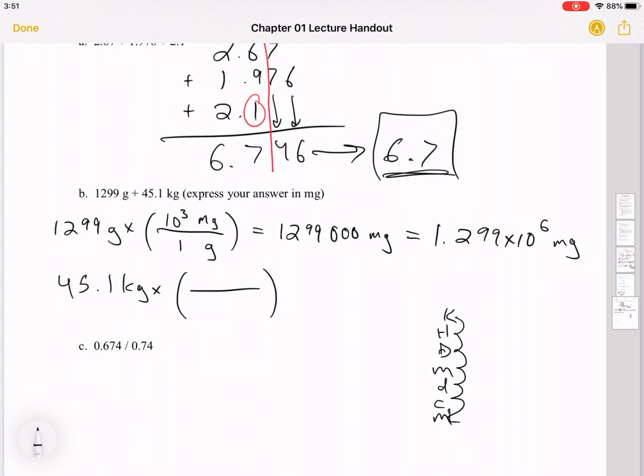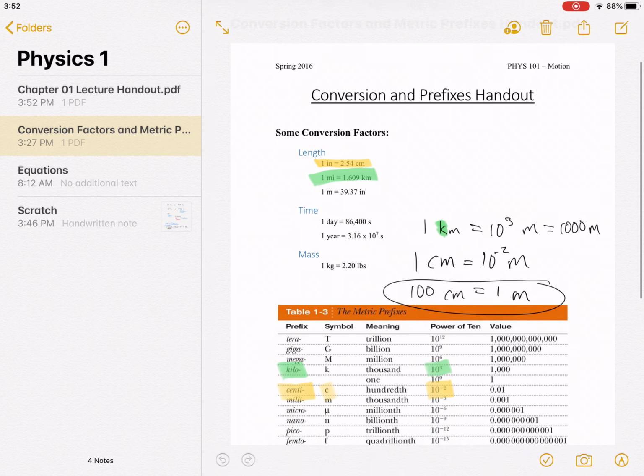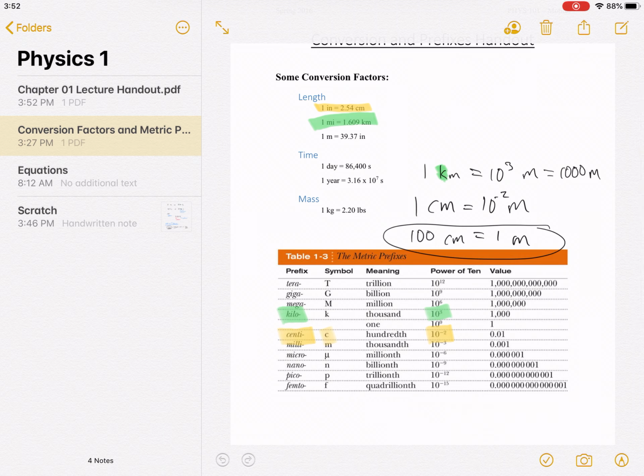You can do that. It breaks down when you try to go further, though, right? So from kilo, the next one doesn't have a name, and the next one doesn't have a name, but the one after that is mega, and the next one doesn't have a name, and the next one doesn't have a name, but the one after that is, oh, it escapes me. I've got it over here. Giga, right?